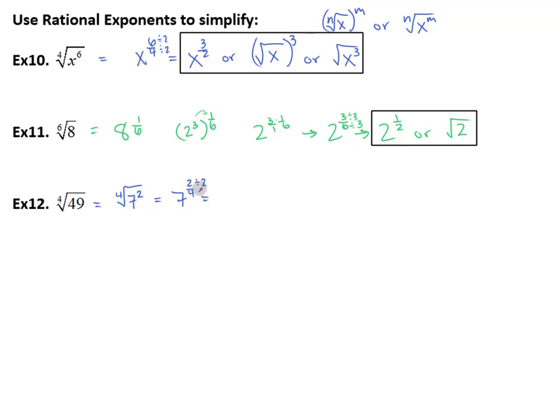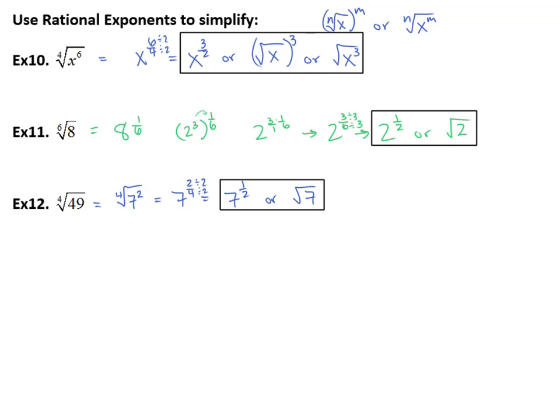And if we divide each by 2, we get 7 to the 1/2. It's our exponential form, or the second root of 7 to the first power, or the square root of 7 to the first power, or just square root of 7. And that's it. The 4th root of 49 is the same thing as 7 to the 1/2, or the square root of 7.